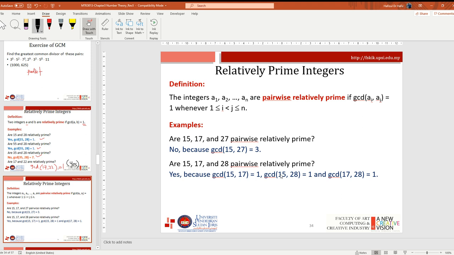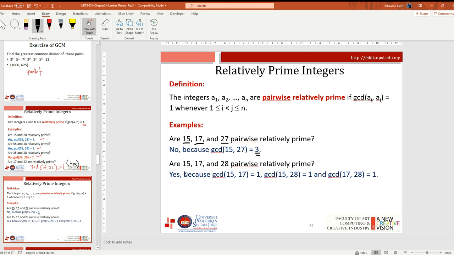Okay, the definition of pairwise relatively prime: integers a1 to an are pairwise relatively prime if GCD of ai and aj is equivalent to 1, whereby 1 is less than or equal to i and i is less than j and j is less than or equal to n. For example, are 15, 17 and 27 pairwise relatively prime? The answer is no because the GCD of 15 and 27 is equivalent to 3.